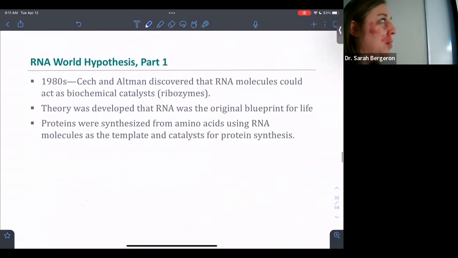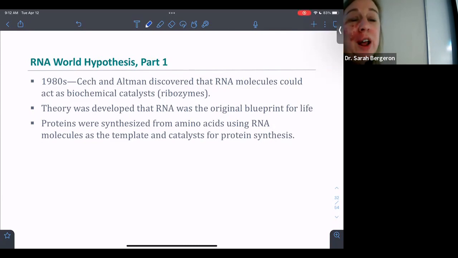So let's talk about this RNA World Hypothesis, and then we'll go into details about the catalytic mechanism. This theory was around for a couple of years before there was any real evidence to support it. The first real evidence that we could have started out with RNA as our genetic mechanism is that RNA was found as a biochemical catalyst, something that can function like an enzyme but is really RNA.